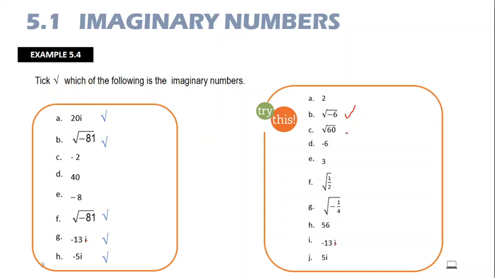Square root of 60, no. Negative 6, no. 3, no. Square root of 1 over 2, no. Square root of negative 1 over is imaginary number. 56, no. Negative 13i, yes. 5i, yes. Ada I ataupun ada square root of negative 1 is imaginary number. So, this is answer B, G, I, G.